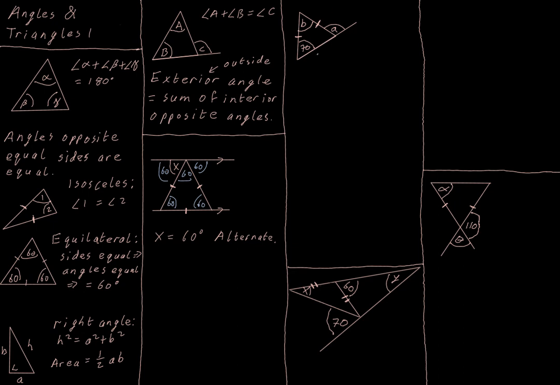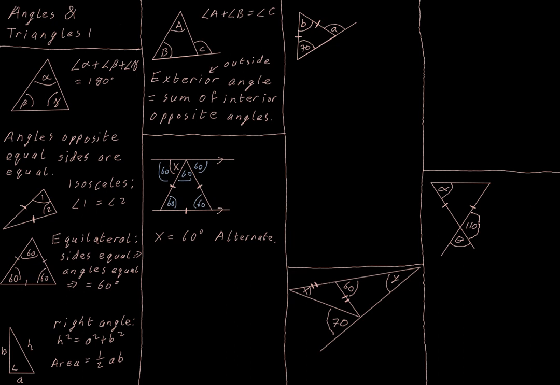Now, let's see if we can find angle A and angle B. As before, we fill in any information that we can see in the question given to us. What jumps out at me here is I have an isosceles triangle because I have equal sides in this triangle. So that means the angles opposite the equal sides must be equal.